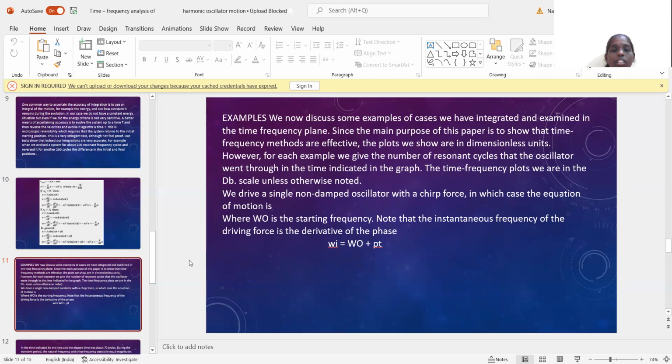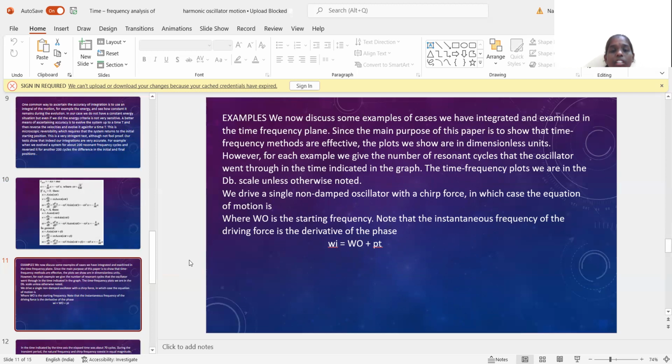However, for each example, we give the number of resonant cycles that the oscillator went through in the time indicated in the graph. The time frequency plots are in the dB scale unless otherwise noted.